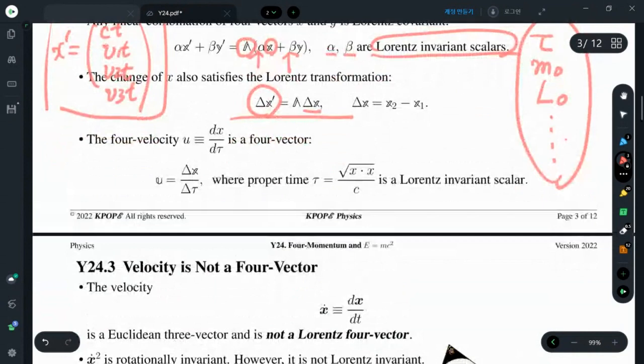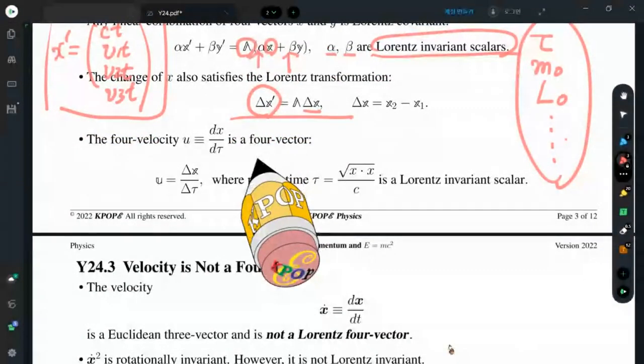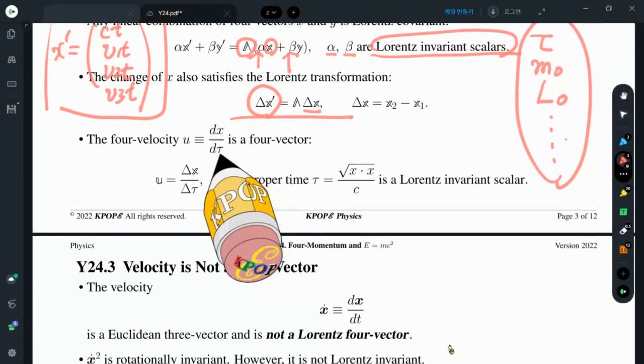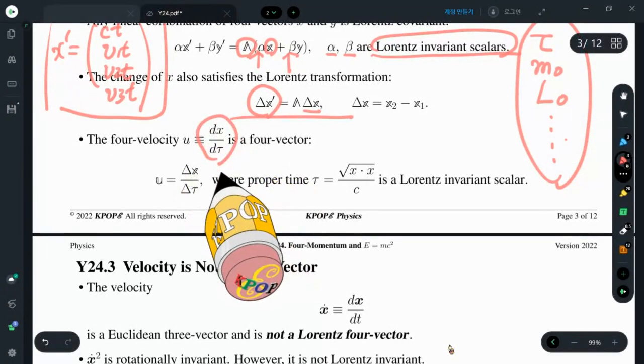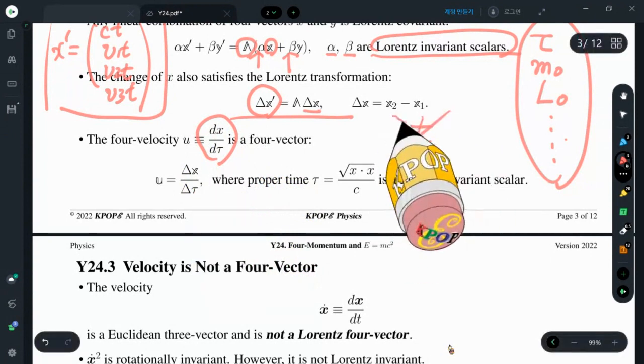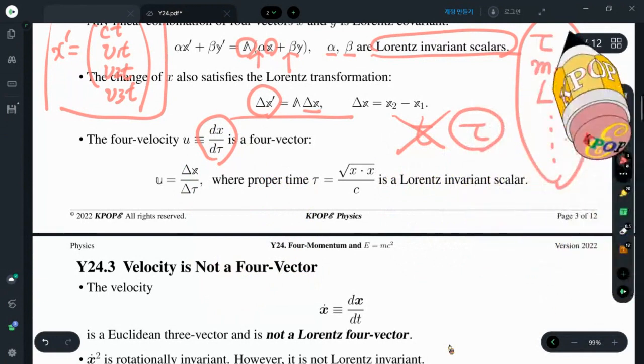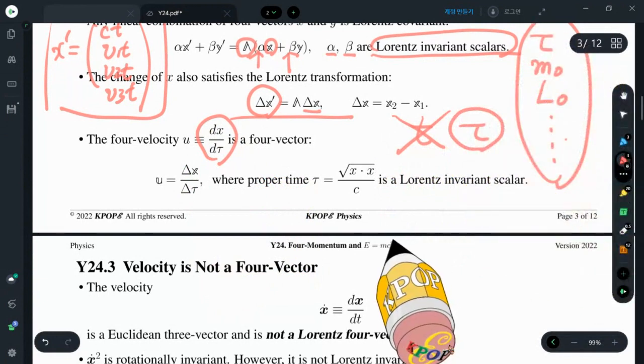Therefore, the first application of the four vector other than the four displacement can be made by taking the derivative with respect to not time but proper time, which is a Lorentz invariant quantity.